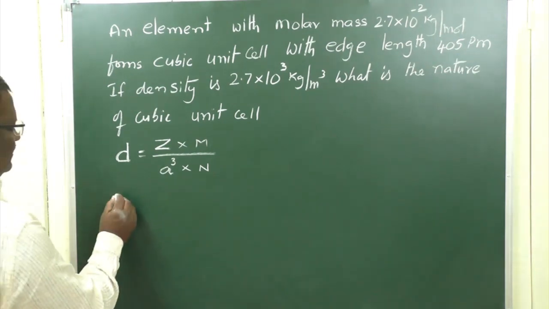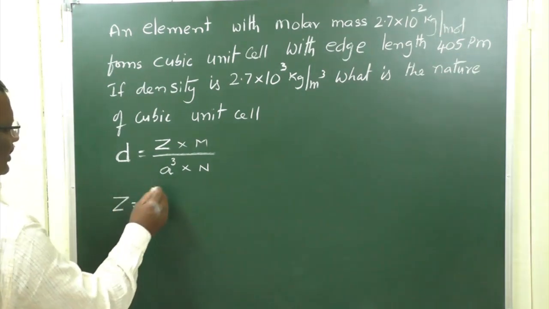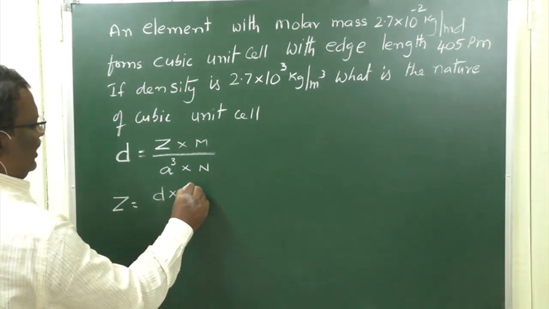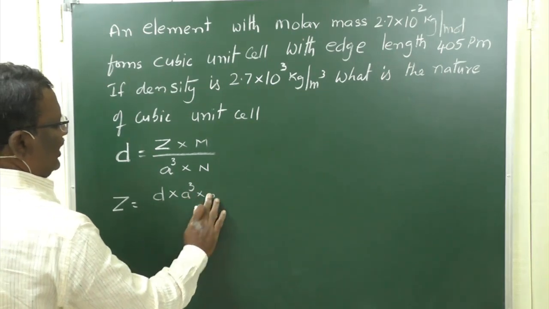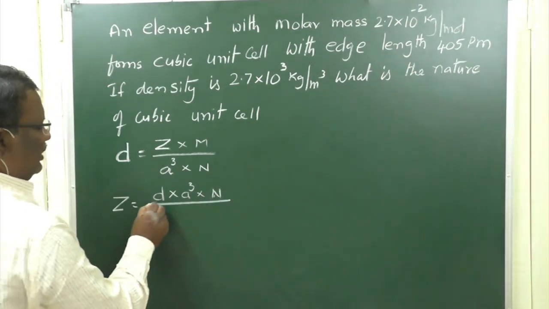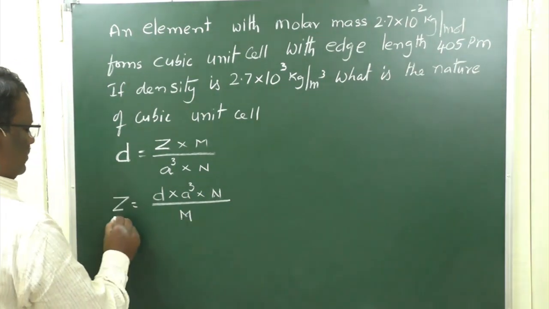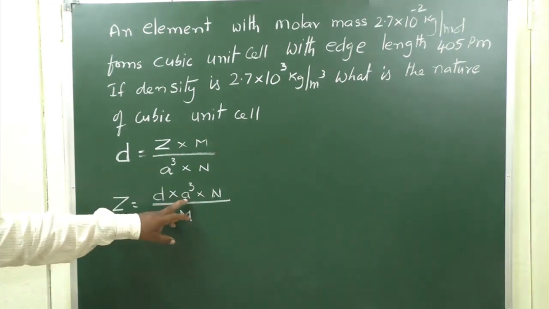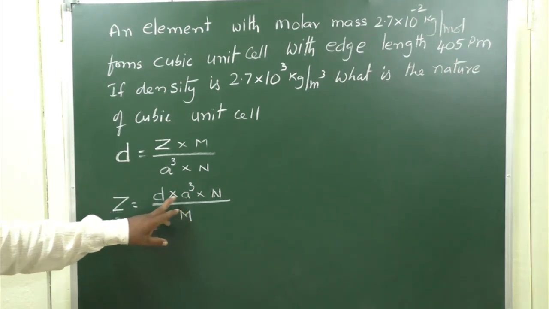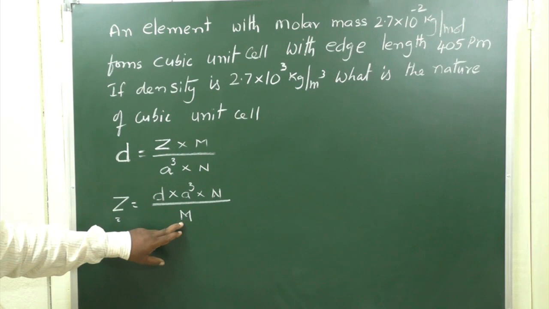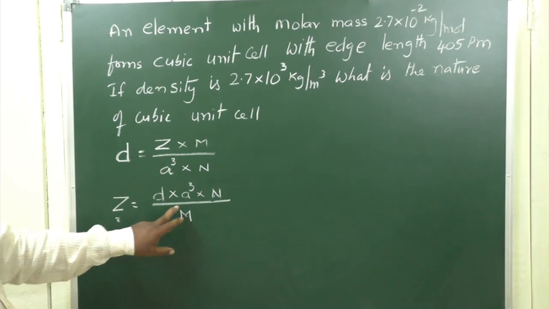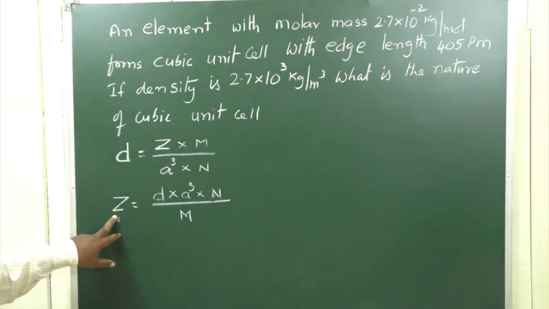So, Z is equal to D into A cube into Avogadro number by molar mass, which gives us the number of atoms. With the help of these parameters you can calculate the number of atoms.